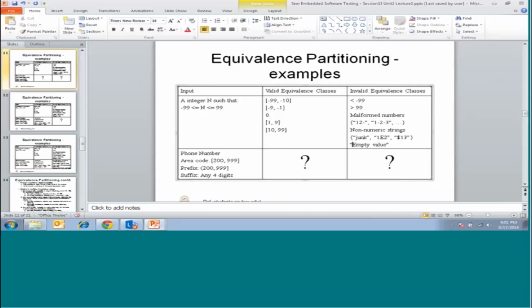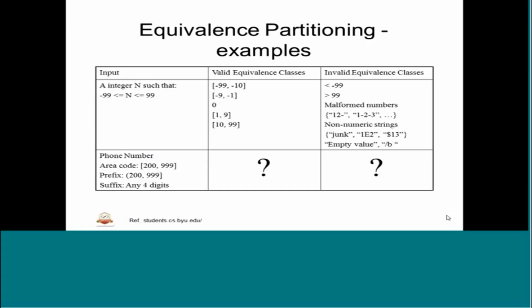The input is supposed to be in the same manner as specified in the requirement. Then an empty value, that means a blank. Sometimes the blank is specified as ASCII. It's up to the specific program. So these are two examples of valid and invalid equivalence classes.